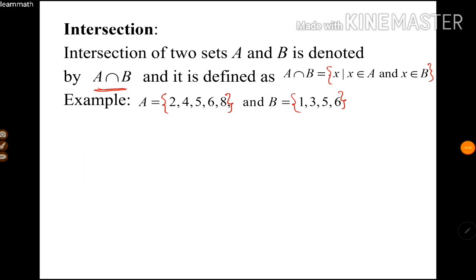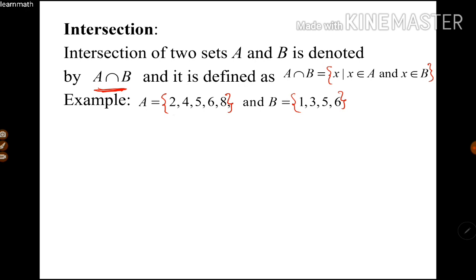Now intersection of two sets. Intersection of two sets A and B is denoted by A intersection B, and it is defined as A intersection B is equal to the collection of all elements X such that X belongs to A and X belongs to B, which means the elements which belong to both sets. Now come to the example.